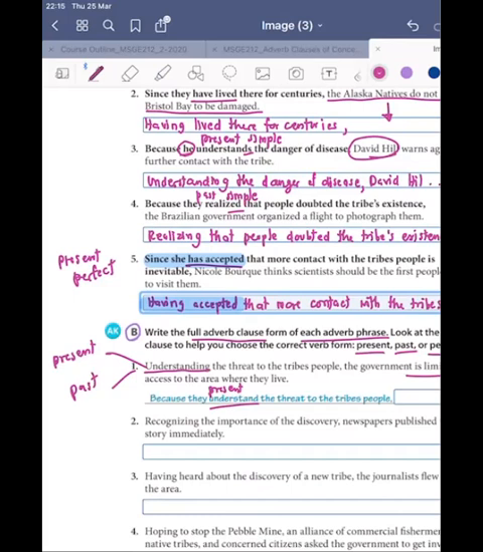Number 2, recognizing the importance of the discovery, newspapers published the story immediately. If we're going to use because, just use because. It's easy.